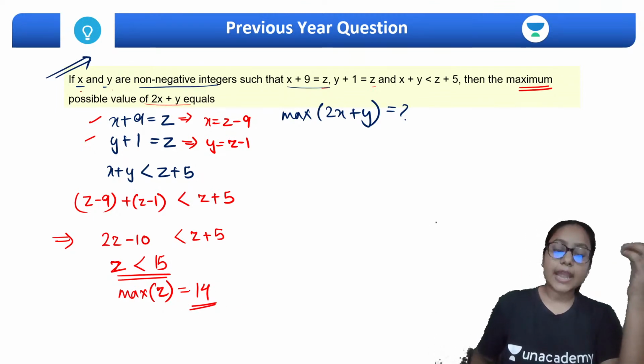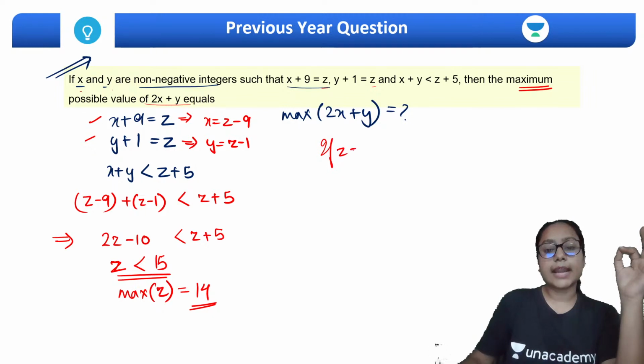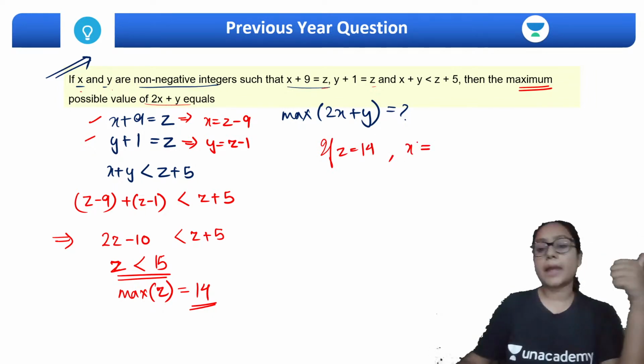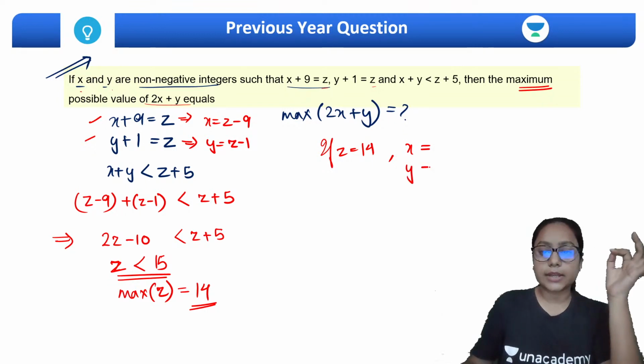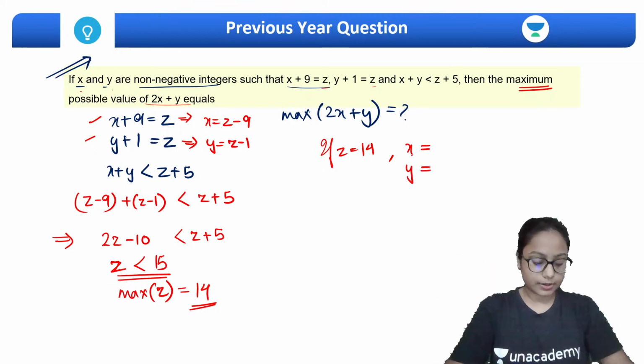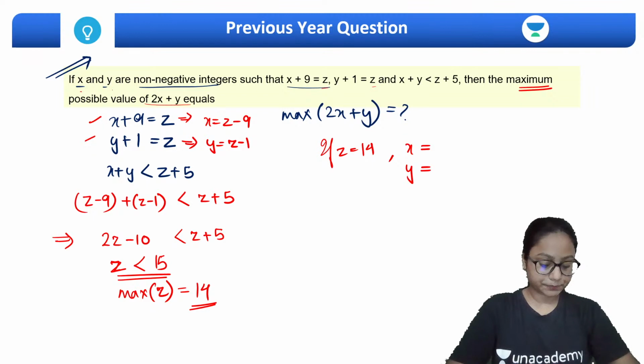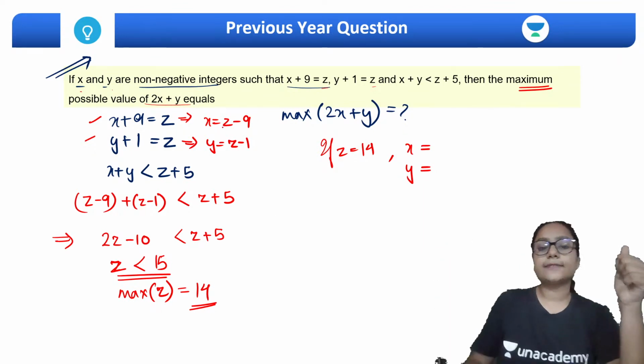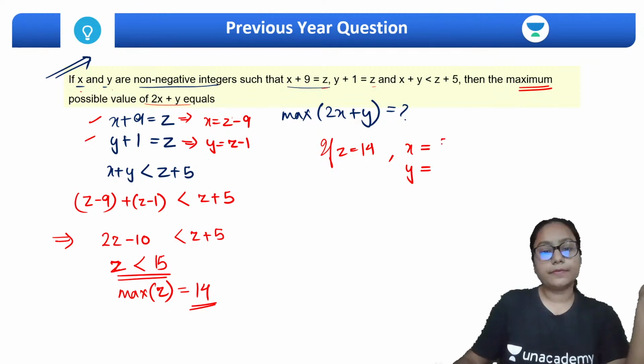Now, if z is equal to 14, what is the maximum value of x, and what is the value of y? Please answer. Put z as 14 here, 14 minus 9, 5.